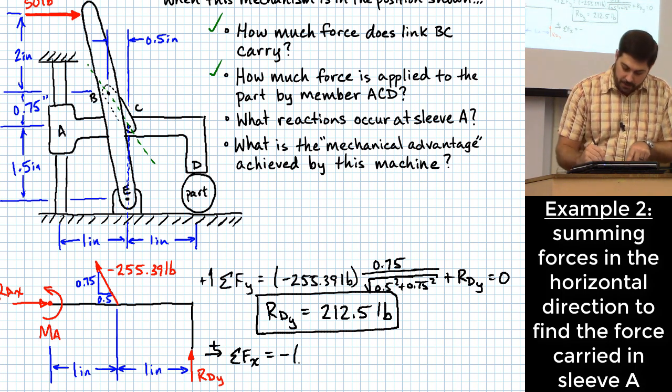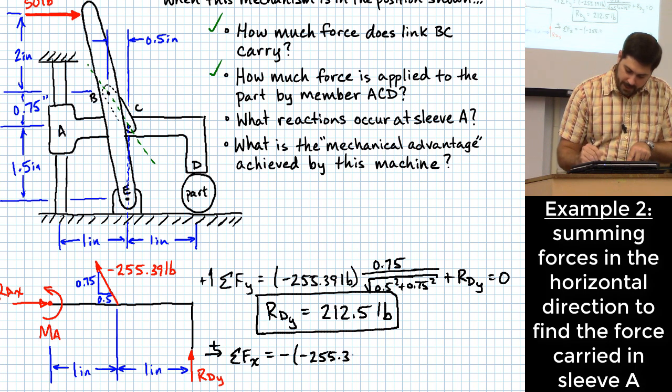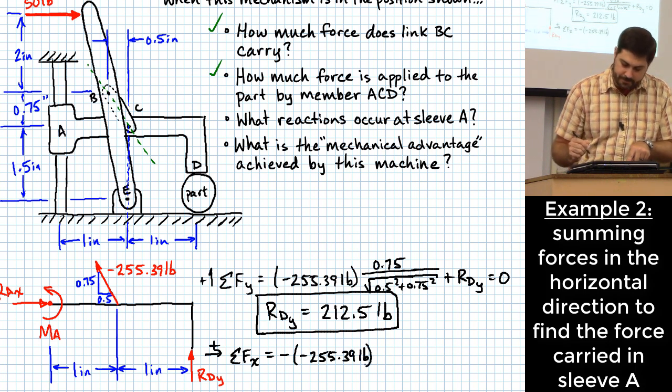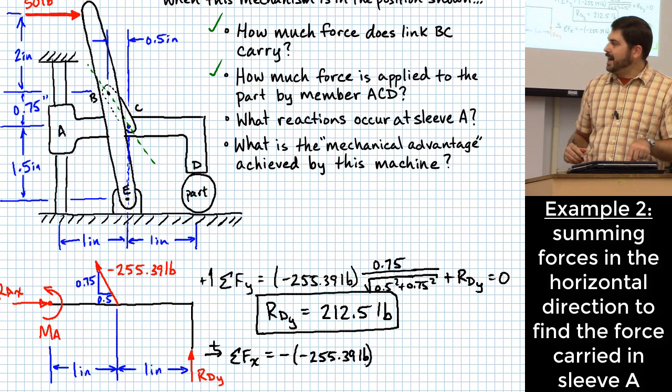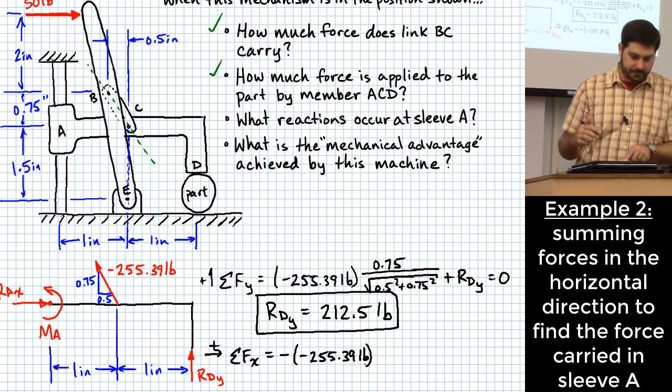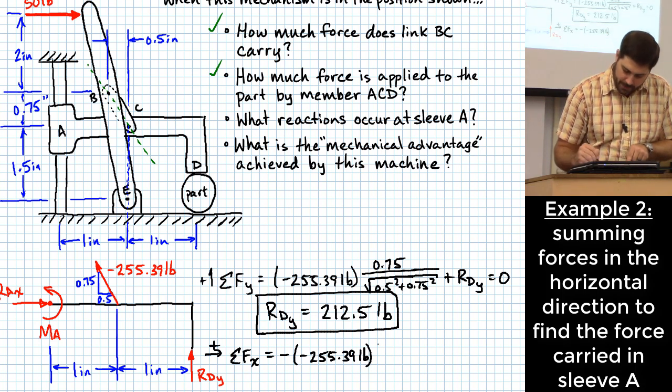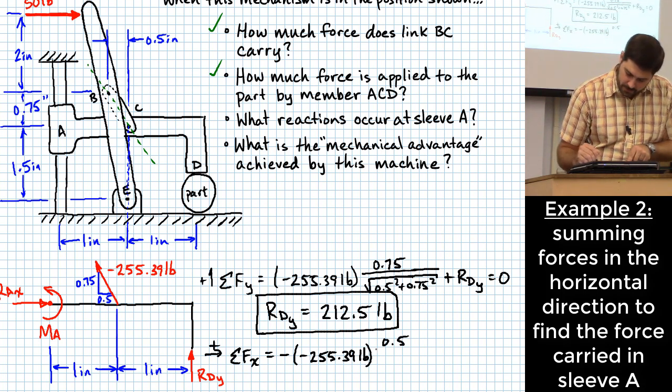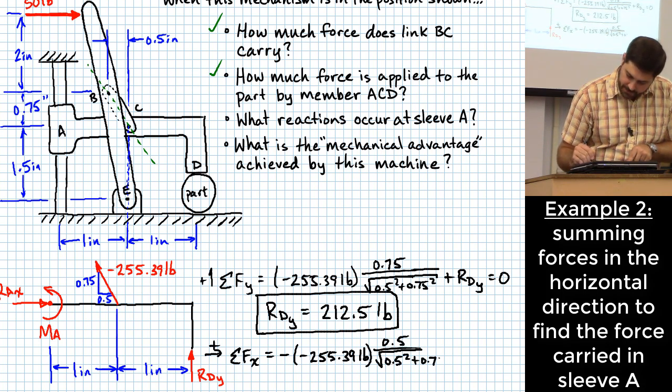But then the value is minus 255.39 pounds. But I don't want that entire value. I want just the X component. Okay, so I multiply by 0.5 over the square root of 0.5 squared plus 0.75 squared.